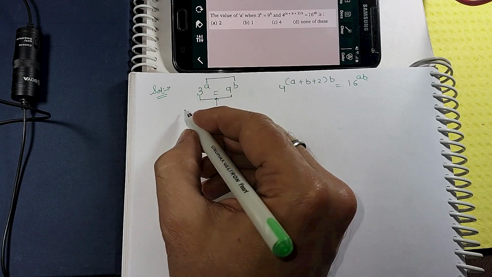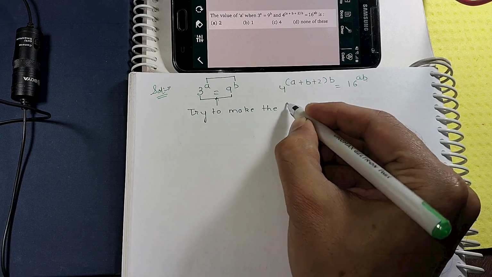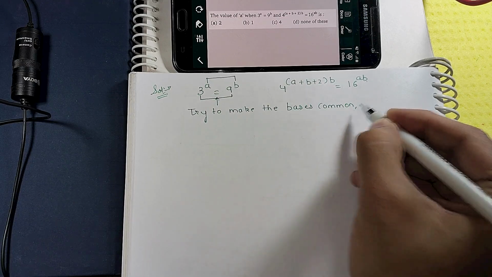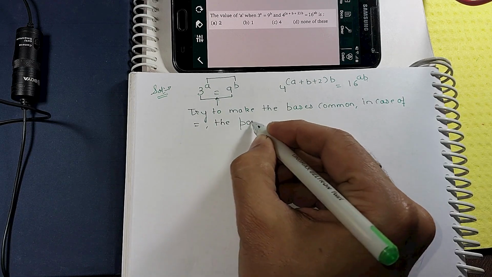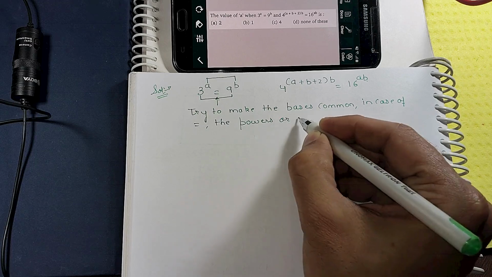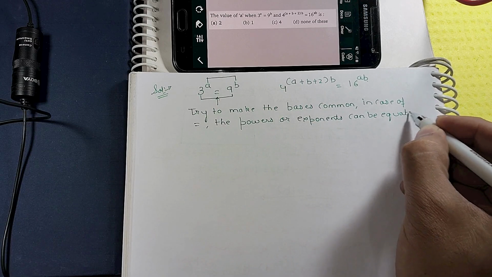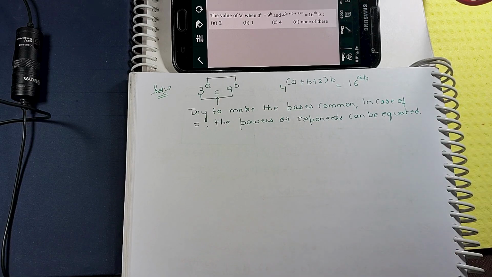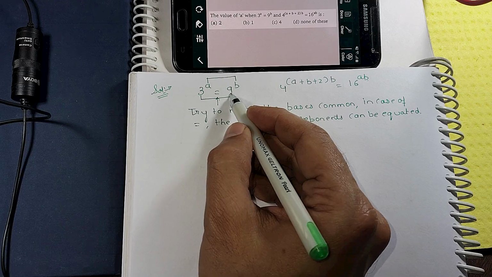So I will write here, try to make the bases common. Now when bases are common, in case of equality, the powers or exponents can be equated. So this is the underlying principle for solving such questions. Now here 3^a is equal to 9^b, and we know that 9 is equal to 3^2.